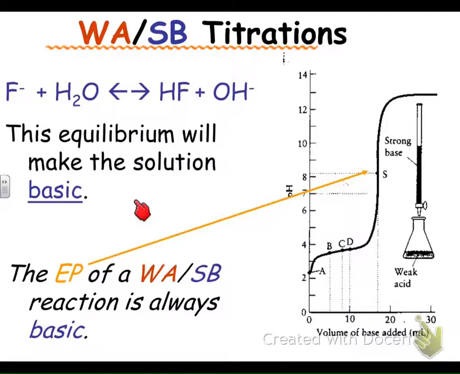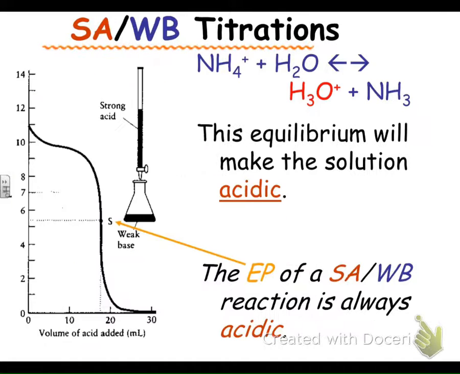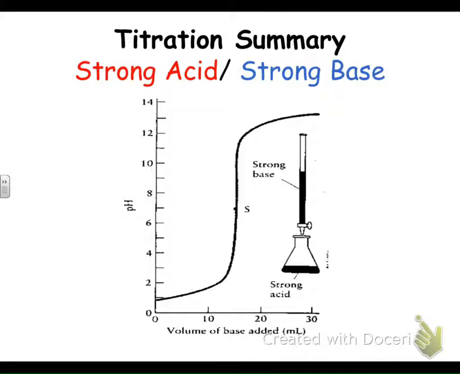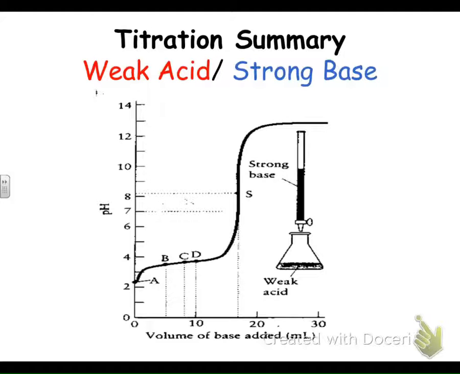Something to note is that the equivalence point of a weak acid, strong base reaction will always be basic, so it will be slightly up here, and the equivalence point of a strong acid, weak base will always be acidic, so slightly down here. And here is just our summary of our titrations. This is a strong acid, strong base summary, and then weak acid, strong base.